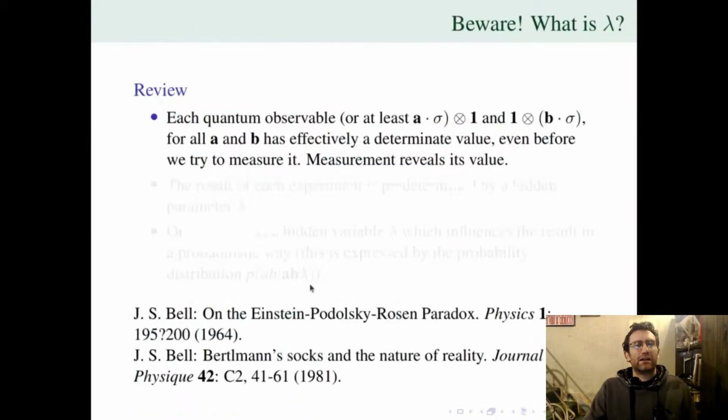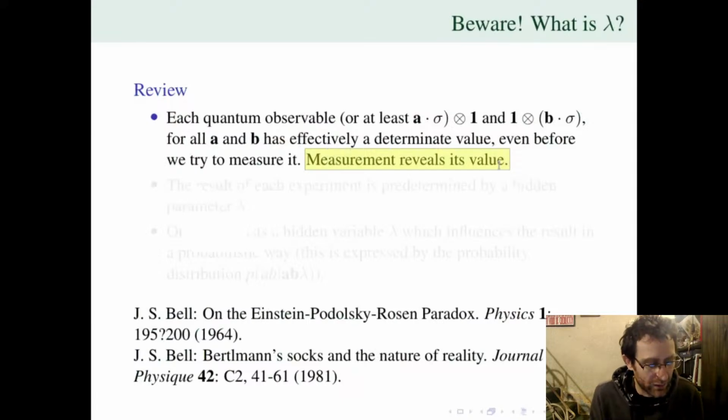As a review, each quantum observable, like each spin observable in every possible direction, has a determinate value even before we try to measure it. And John Bell says measurement just reveals its value. Why is this so?